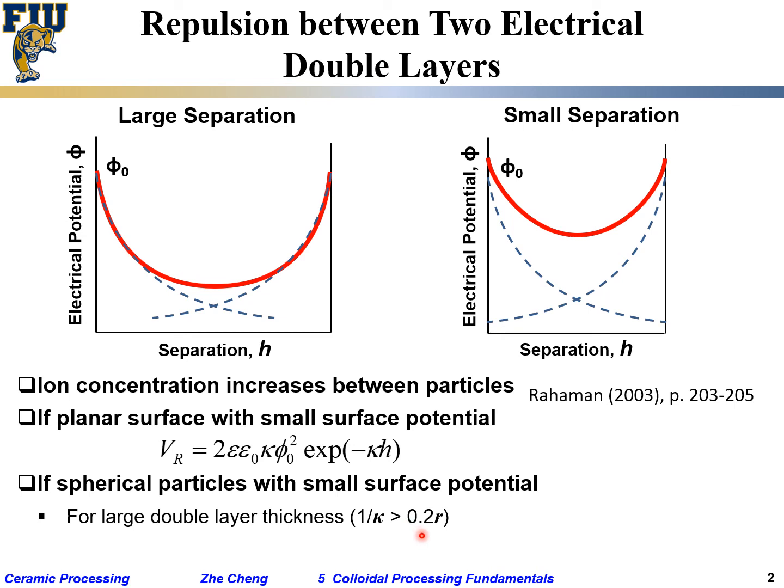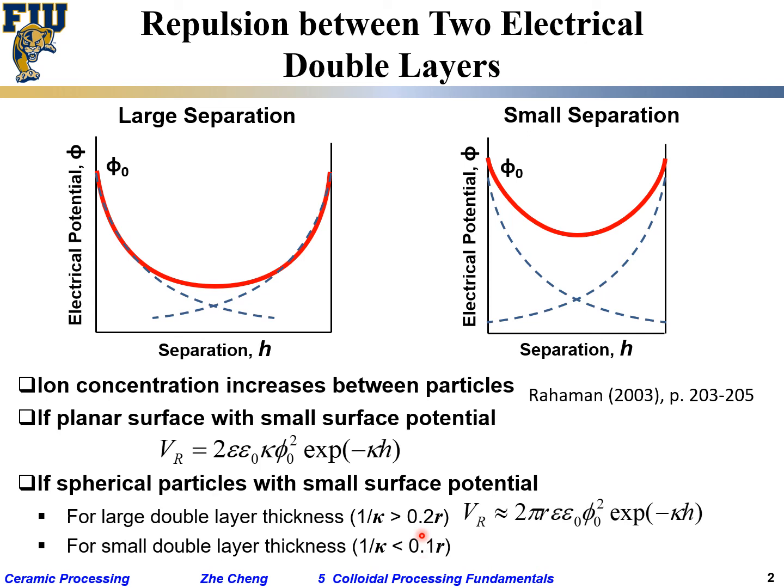If it's larger than 0.2, there is a certain method to calculate. Of course, the other way, if the double layer is relatively small, smaller than 1/10 of it, there are different approximations to this calculation. Of course, we are not going into any detail here. There's no reason for it.